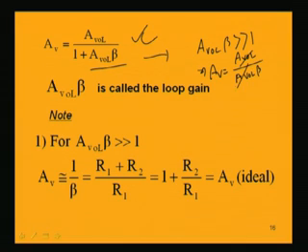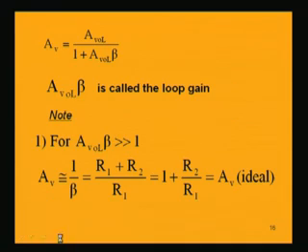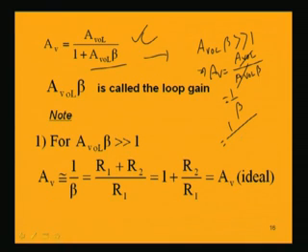So, these two cancel, that means I get 1 by beta. So, 1 by beta is what? 1 by R1 by R1 plus R2, that is 1 by beta. That means it is equal to R1 plus R2 by R1, which is nothing but 1 plus R2 by R1.